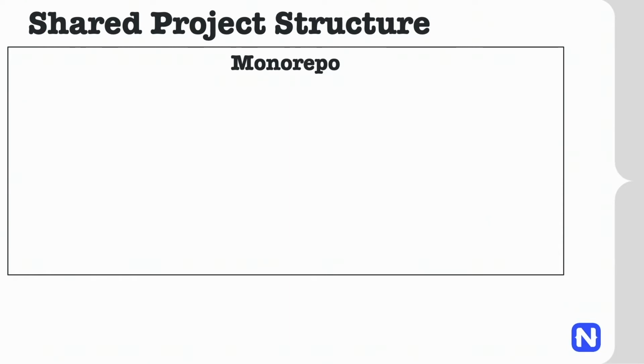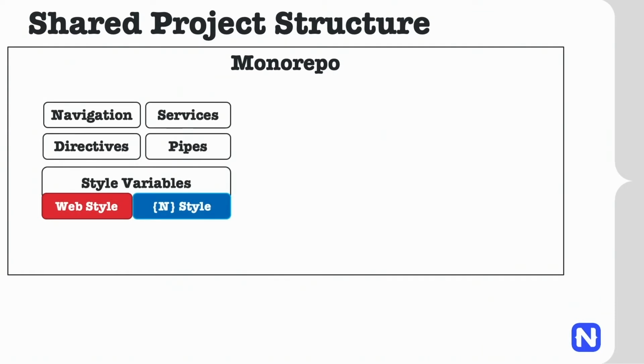So you have one big project where you have all your services, your navigation configuration, your directives, pipes, you could have common style variables if you're using Sass. But then you would have two separate style sheets, one web-specific style sheet and one NativeScript-specific style sheet. But they would inherit from the same basis.